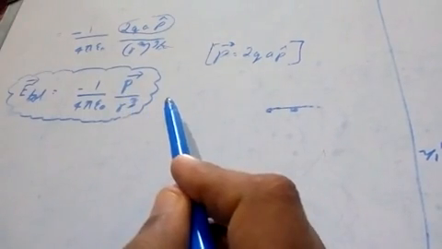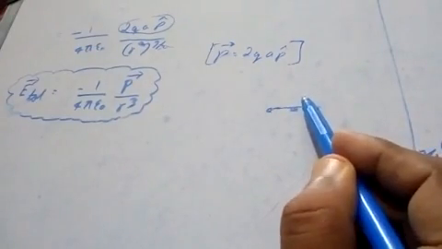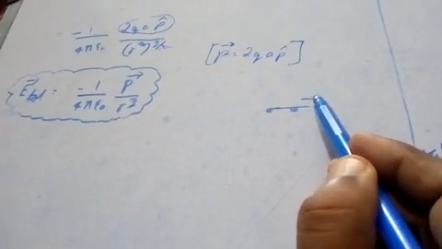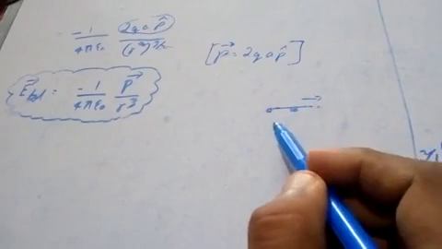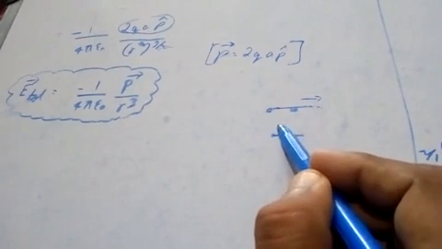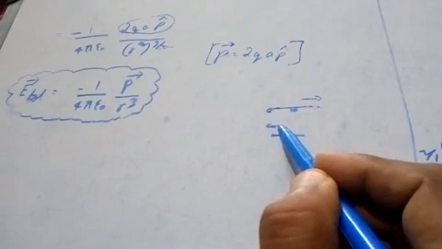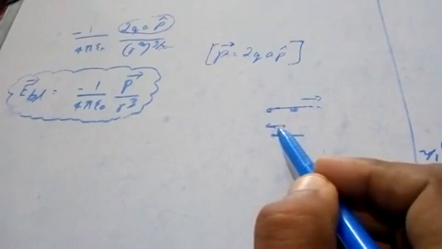Next, for the axial plane the electric field will be in the same direction as the dipole moment, but for the equatorial plane, the electric field was pointing opposite to the dipole moment. Okay, this is one thing you must note.